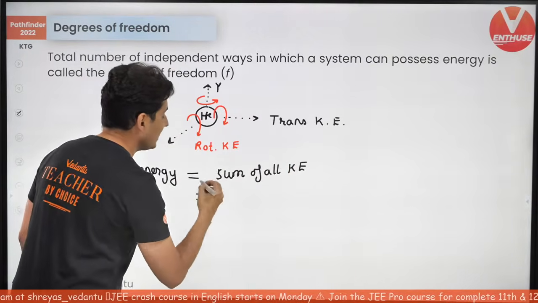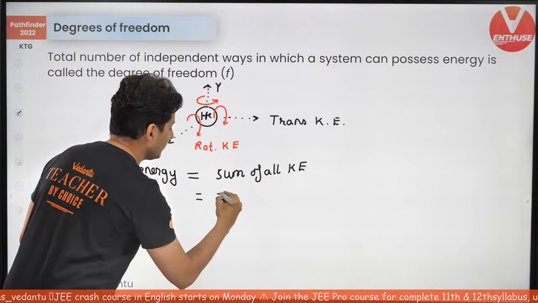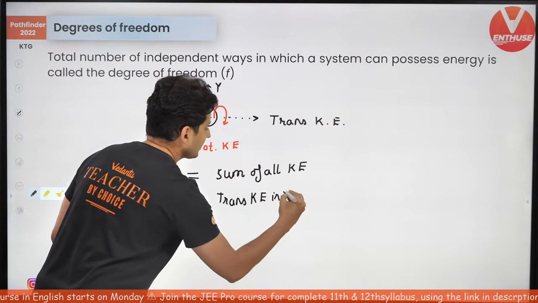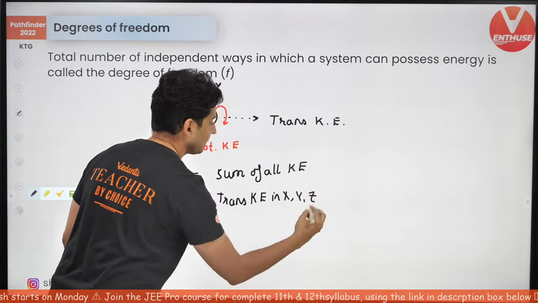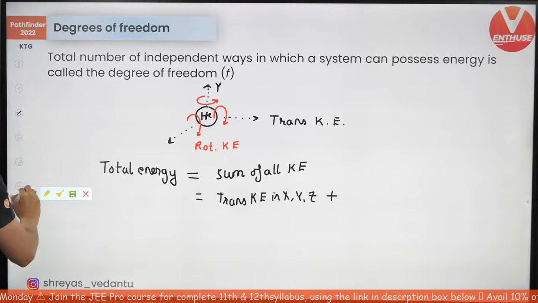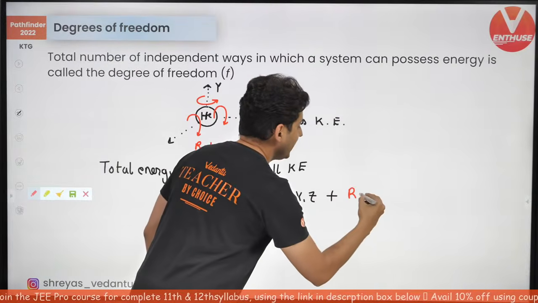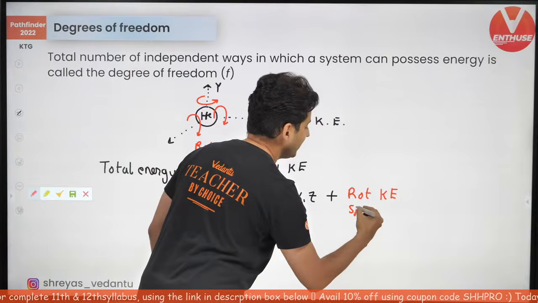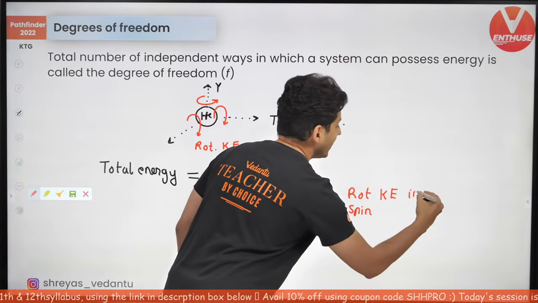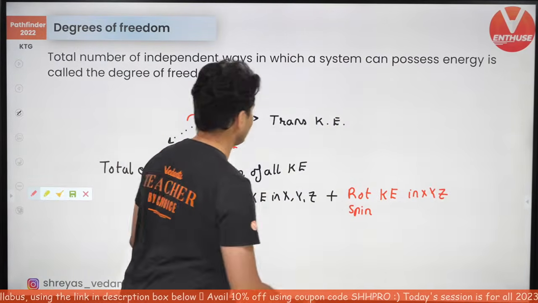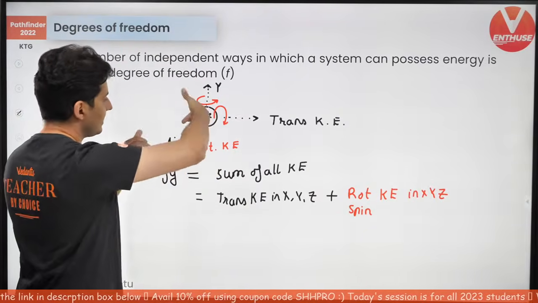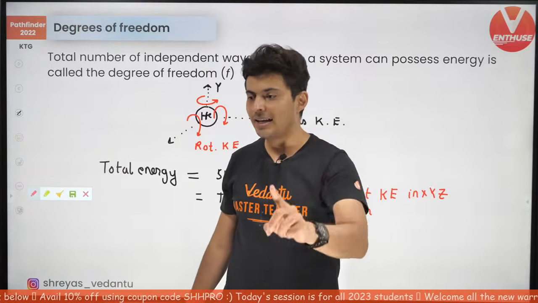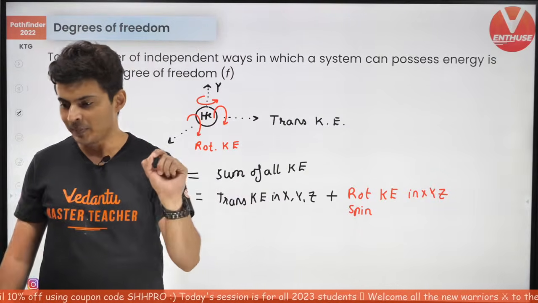So it is basically the translational kinetic energy in x, y, z plus the rotational kinetic energy, which is the spin kinetic energy in x-axis, y-axis and z-axis.